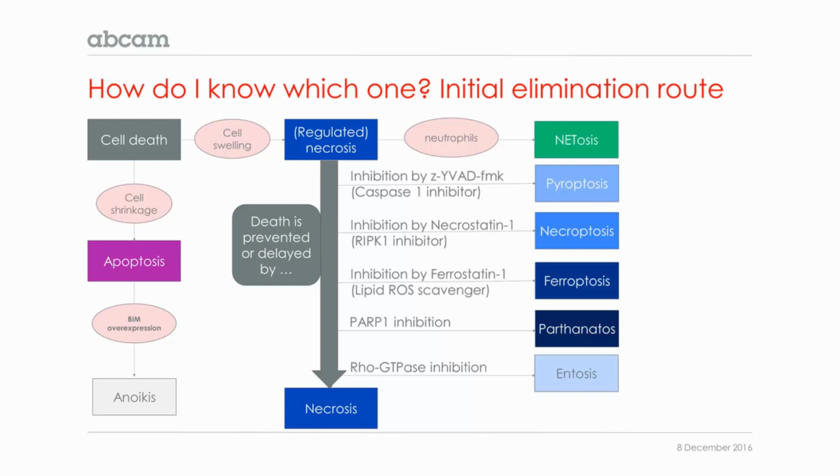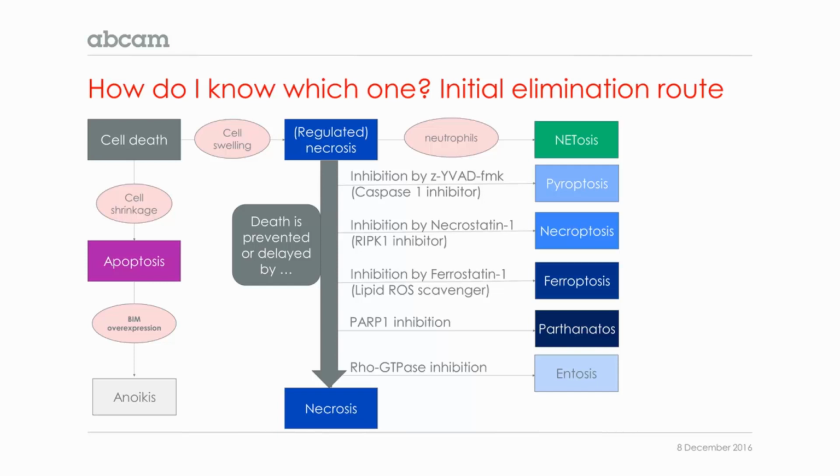If the cell death is prevented by necrostatin, which is a RIP kinase 1 inhibitor, then it's likely to be necroptosis. If the cell death is prevented by ferrostatin, which is a lipid ROS scavenger, then it's likely to be ferroptosis, and so on and so on.